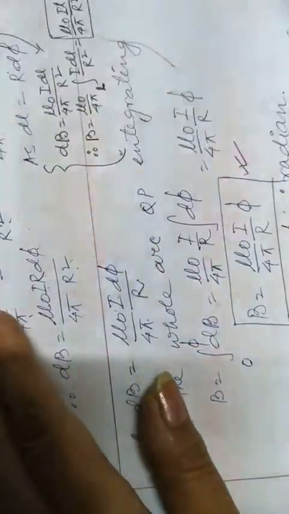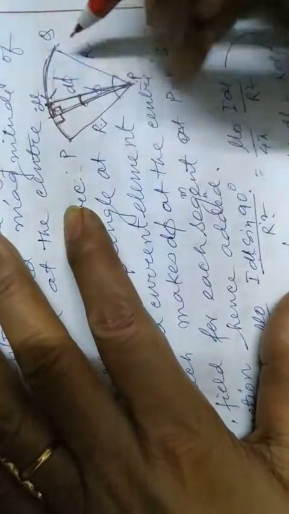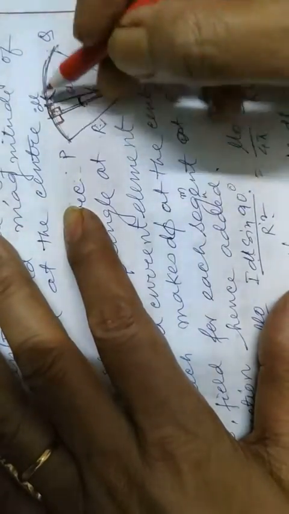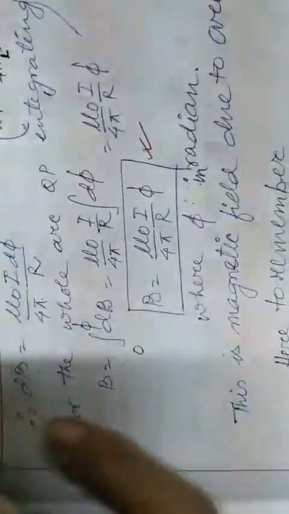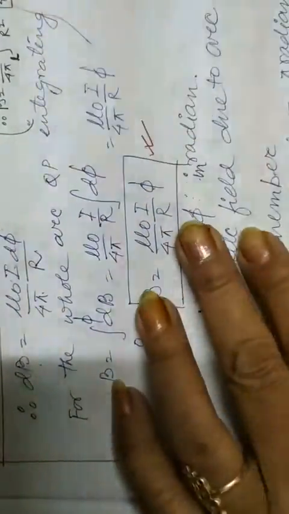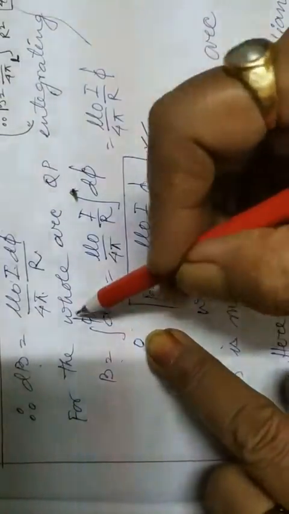Now for this total arc, to find the magnetic field at P, we have to integrate for this arc. So B will be equal to the integration of dB from 0 to phi.